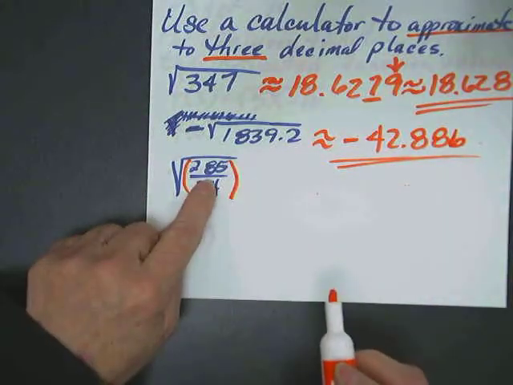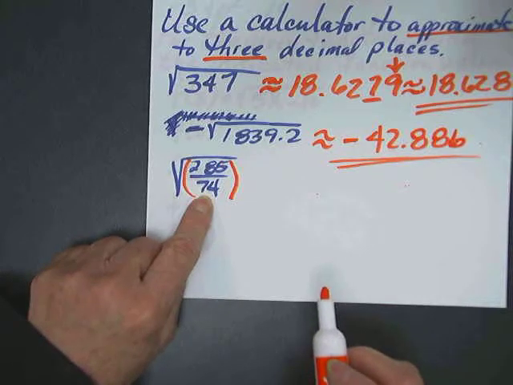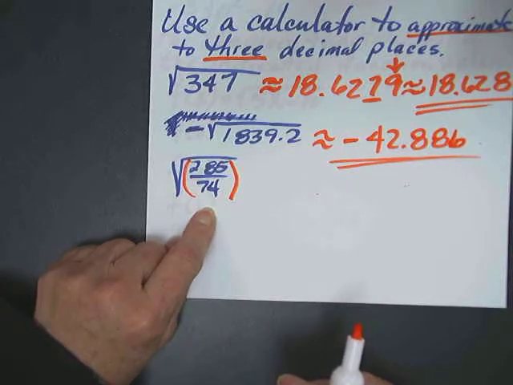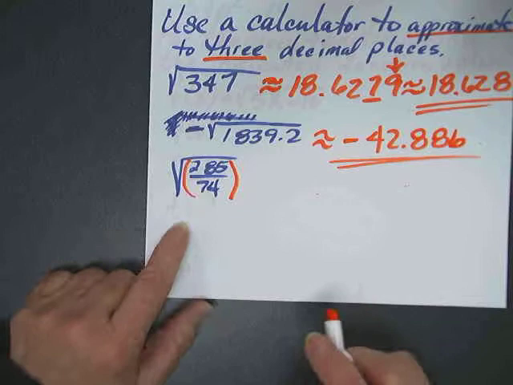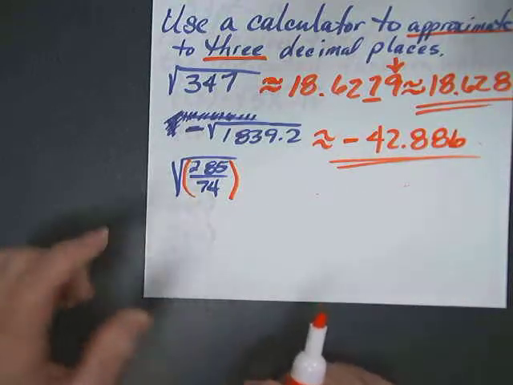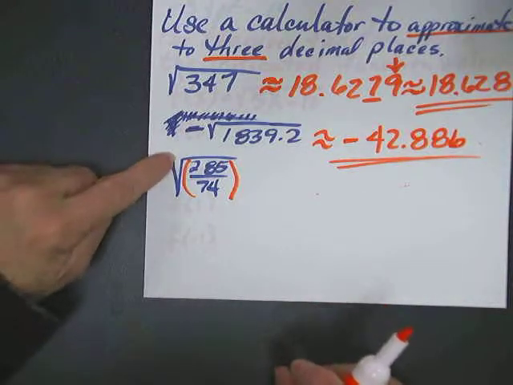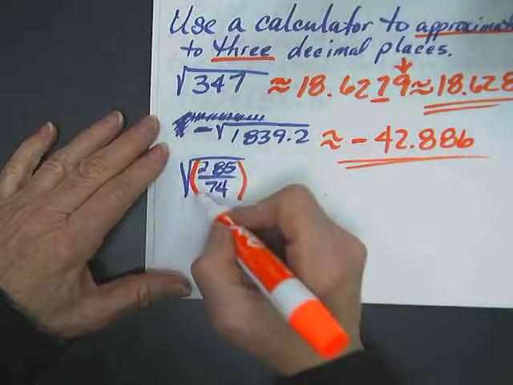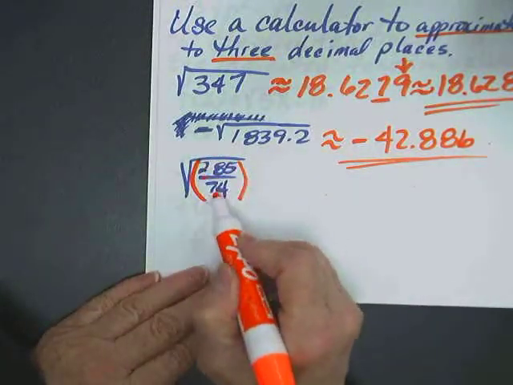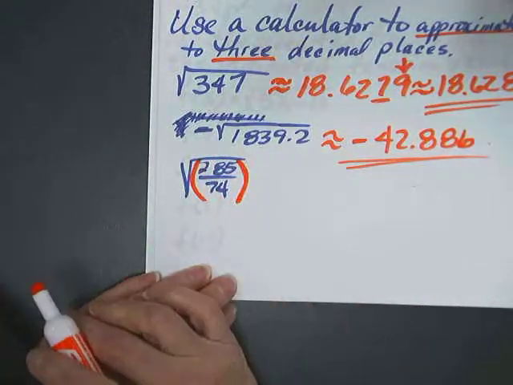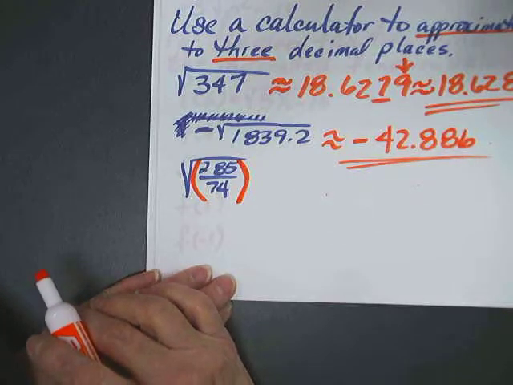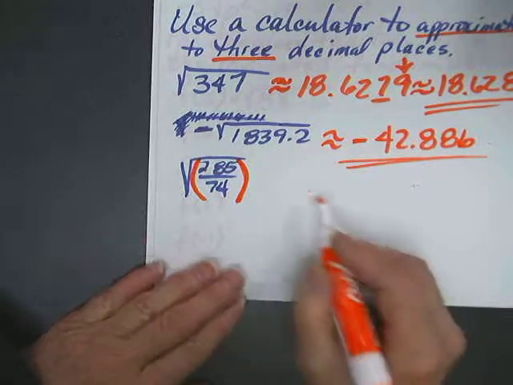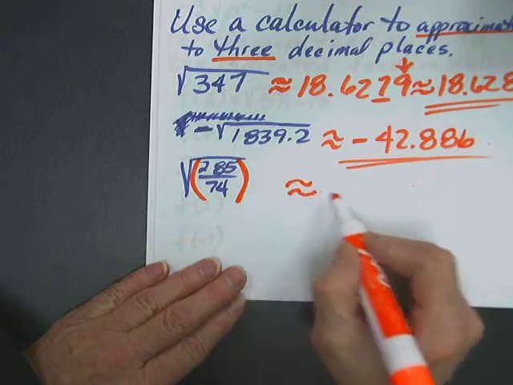Okay, this one, you put the square root, and make sure to put a parentheses if you put this whole thing in there, because it may not put this over the divided thing in parentheses, in this, under the square root if you don't. If you want to put it in there and just have to put square root one time, put square root and then a parenthesis, 285 divided by 74, and then a parenthesis.